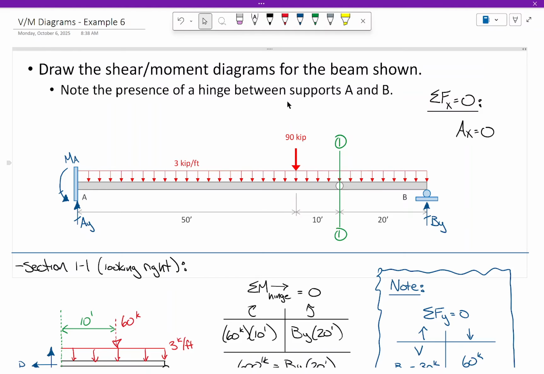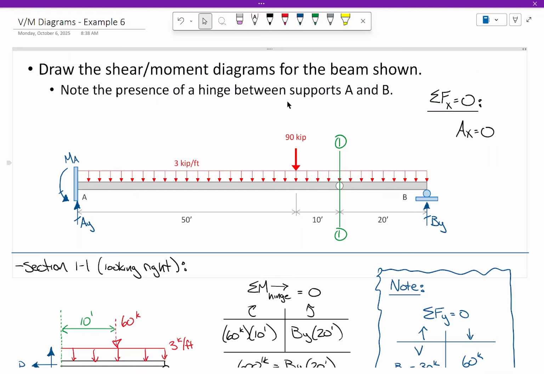Now let's go back to the very onset of this problem. How many equations of equilibrium were we afforded at the beginning of this problem? Not 3, but 4. Let's just write them down here on the board.